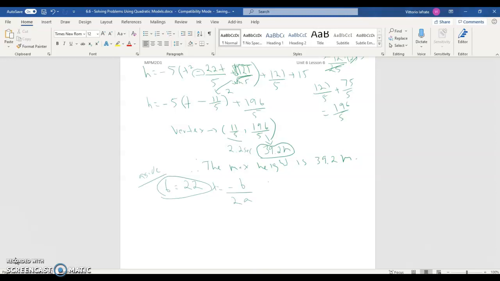So in our case, x would be equal to minus 22 over 2 times the a, which is negative 5, which is negative 22 over negative 10, which is equal to 11 over 5.